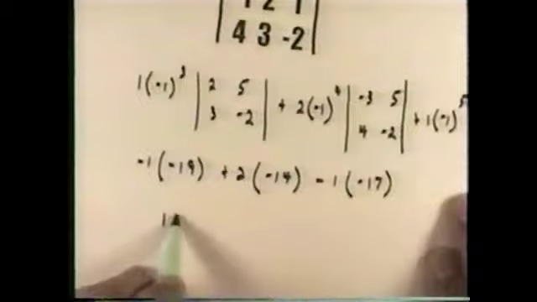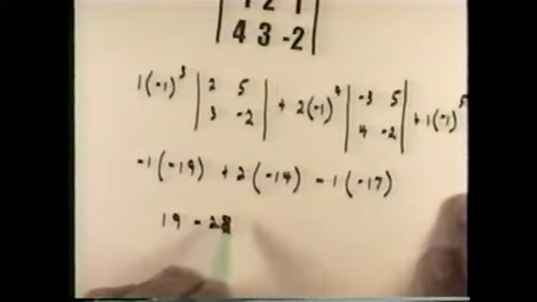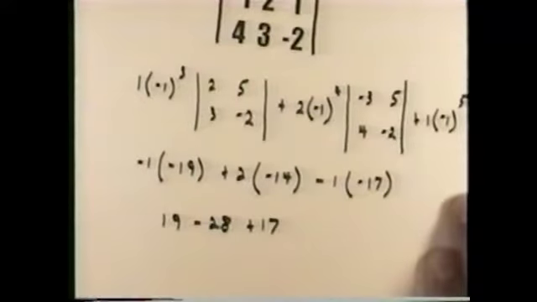It's going to be a positive 19 minus 28 plus 17. 19 minus 28 is negative 9. Negative 9 plus 17 is positive 8.